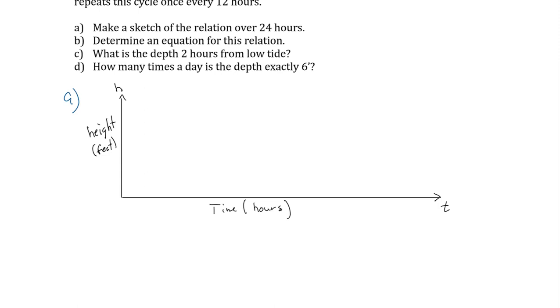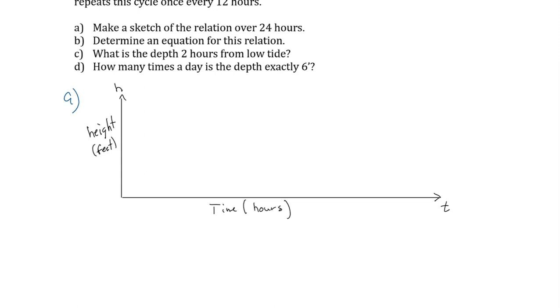So if the low tide happened at 3 o'clock in the morning, 6 hours later, high tide would be at 9 o'clock in the morning, and you would have to somehow translate that into your graph, right? And understand the difference between 3:30 is 3.5 hours, not 3.3 hours, that kind of thing. But we're going to skip that.